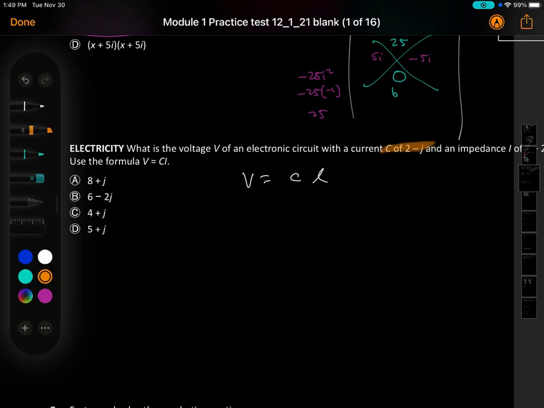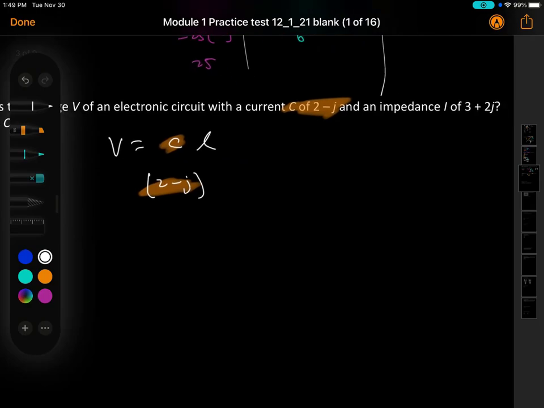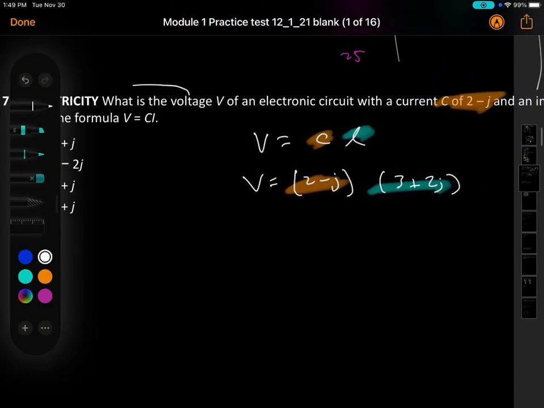Okay, so C is 2 minus j. And impedance is 3 plus 2j. So what is the voltage is our question.